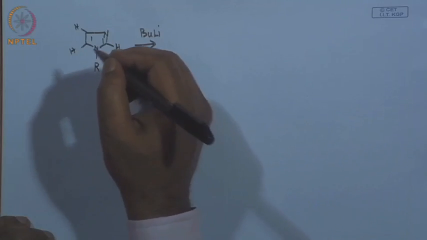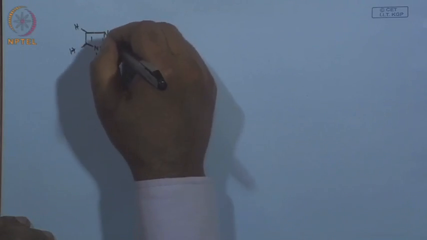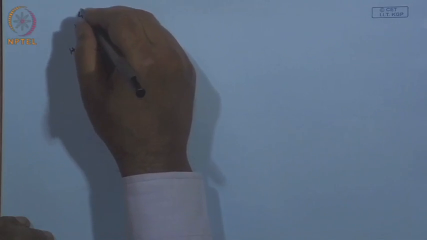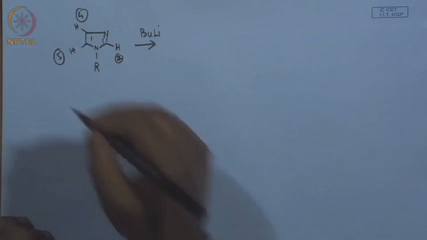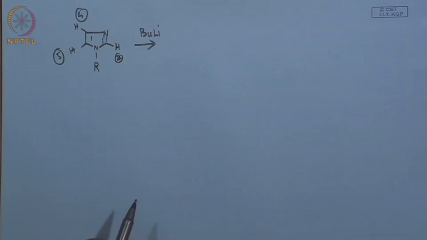When you talk about the abstraction of the proton, now we have 3 different kinds of protons. So, how do you know which one is the most acidic among the 3? Let us number this 1, sorry, this is 2, this is 3, this is 4, and this is 5. The answer is position 2.